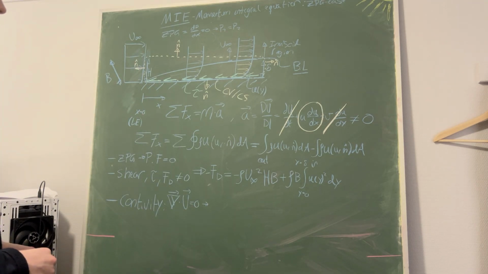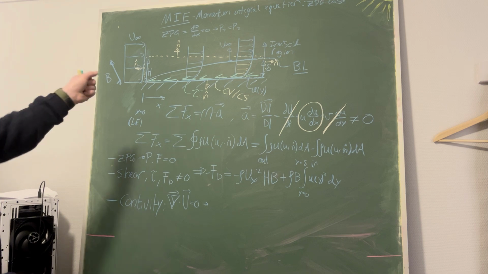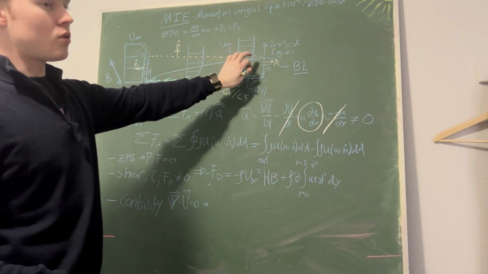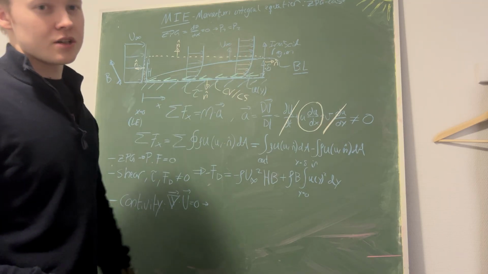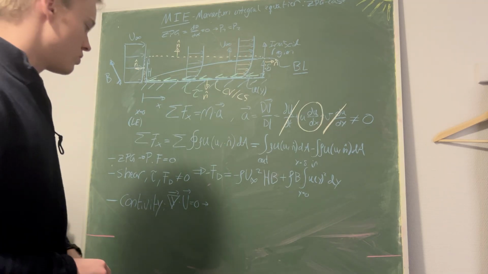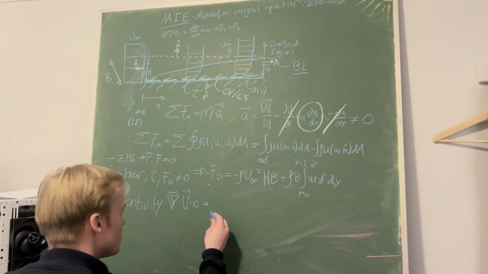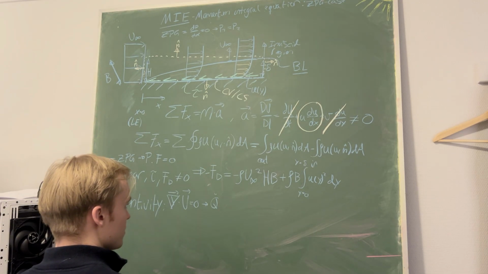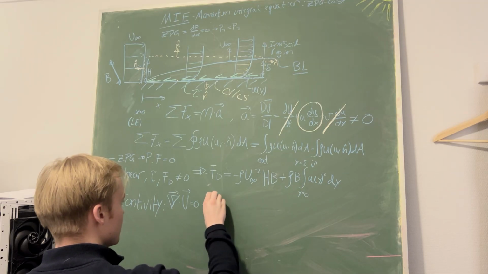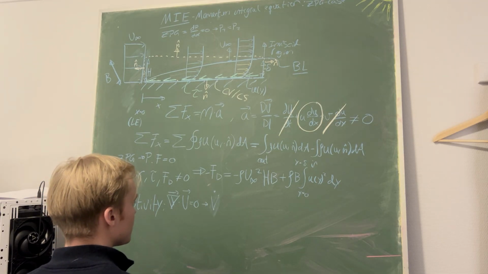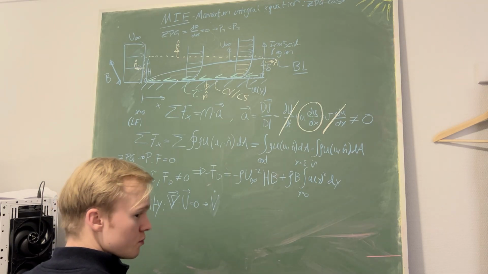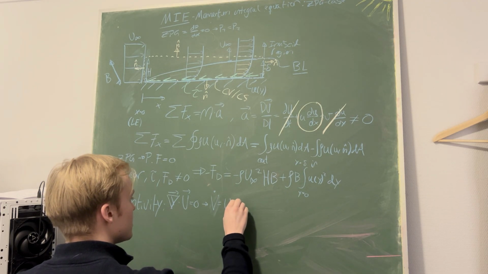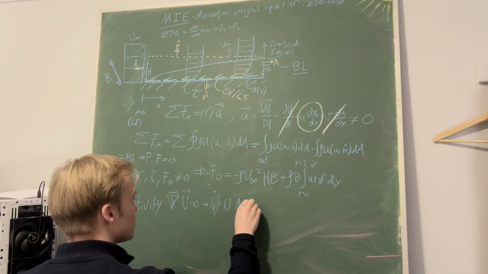We just say that the volumetric flow coming in should be the same as the volumetric flow on the other side, because it's an incompressible flow. So that means that Q, our volumetric flow in meters cubed per second, is our velocity times an area, and that should be constant.